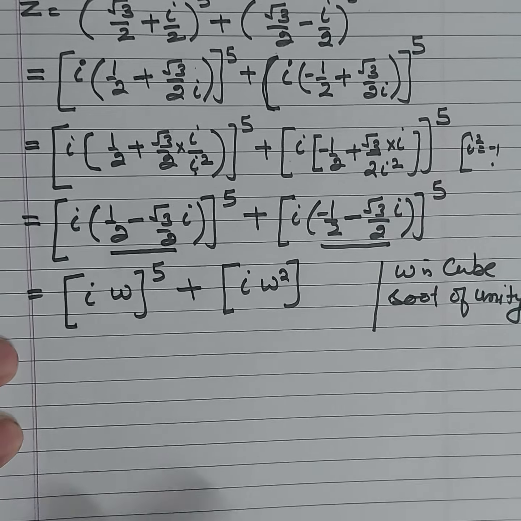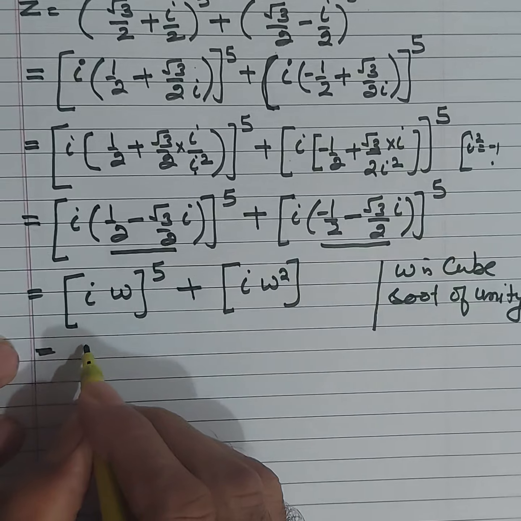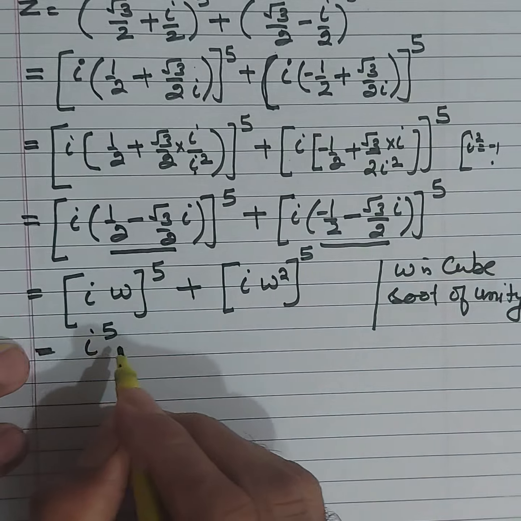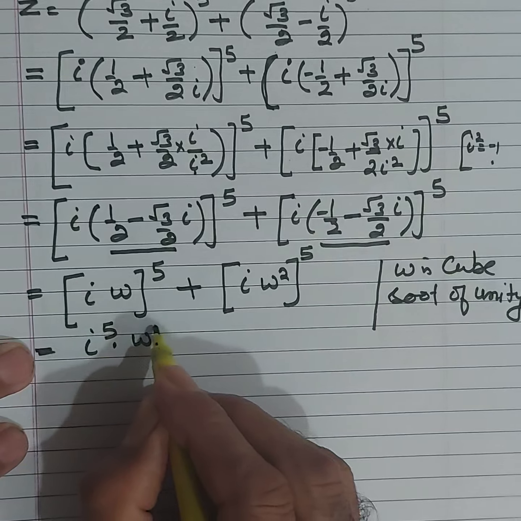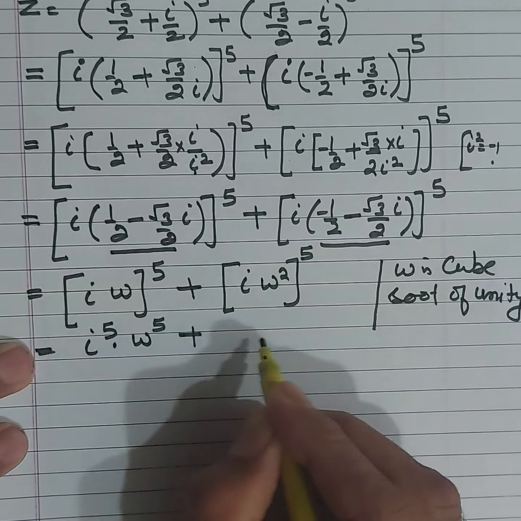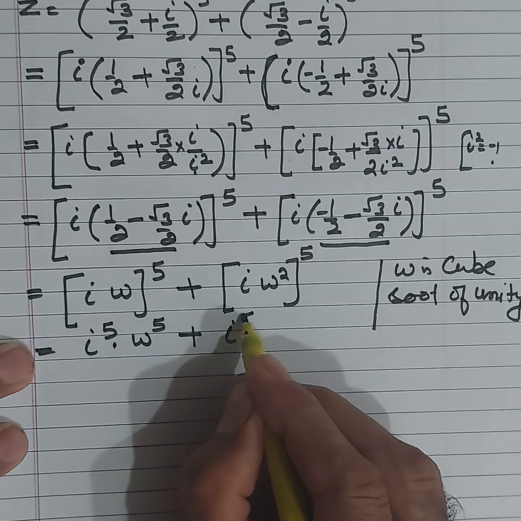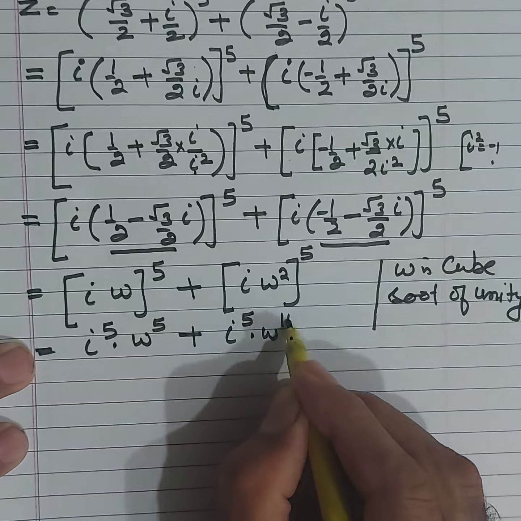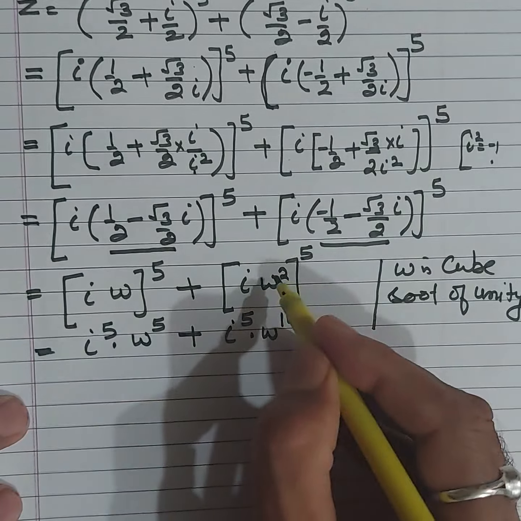Now we know this is i raised to the power 5 into omega raised to the power 5, plus i raised to the power 5 into omega raised to the power 10.